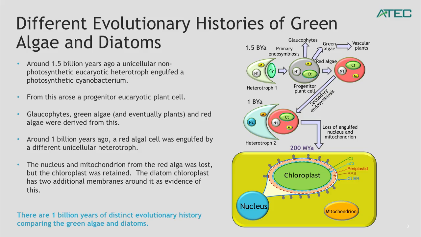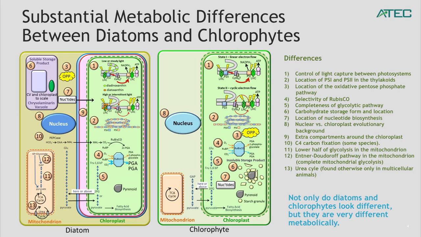But an important point here is that there's 1 billion years of distinct evolutionary history comparing a diatom with a green algae. So this is a very complicated slide, but there's a summary of some of the points here. We just went through and we've highlighted a number of differences between the green algae and diatoms. And I'll just summarize some of the points. The process of photosynthesis is very different.